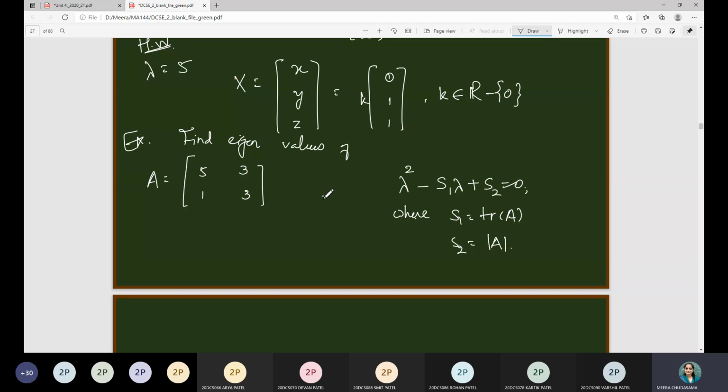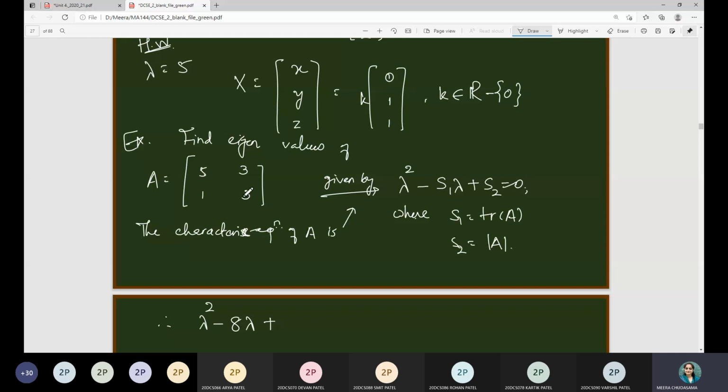So in that case, using this method, we can write the characteristic equation. Let me write the entire thing, otherwise you won't write. So the characteristic equation of A is given by, write down this expression: lambda square minus S1, which is the trace of A. The trace of A here is 5 plus 3, that is 8 lambda, plus determinant.